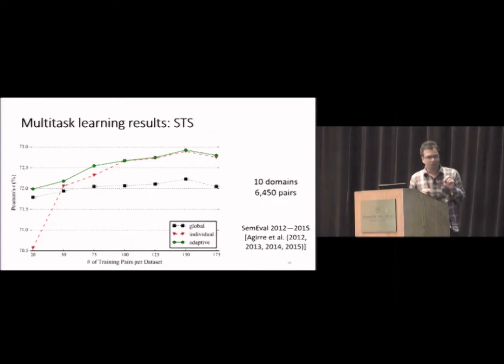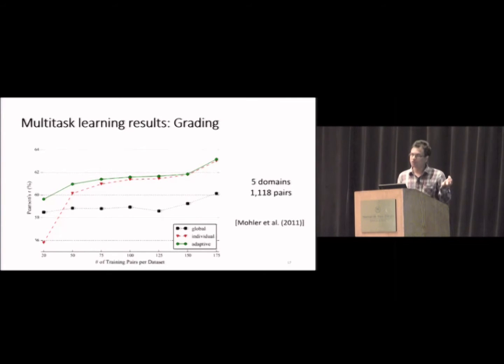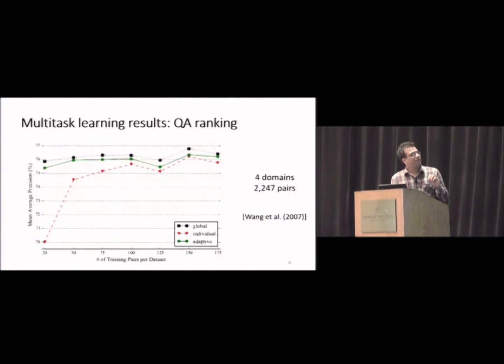Okay, so now I'll show the results. These are results from STS. You can see similar patterns to what we saw with the domain adaptation model within STS, and that is true for short answer grading too. But for answer sentence ranking, we saw something different.